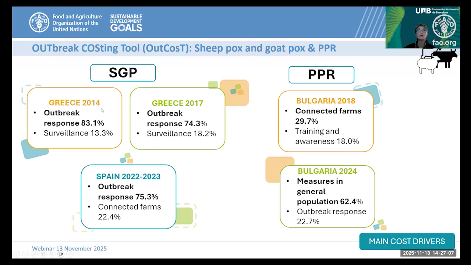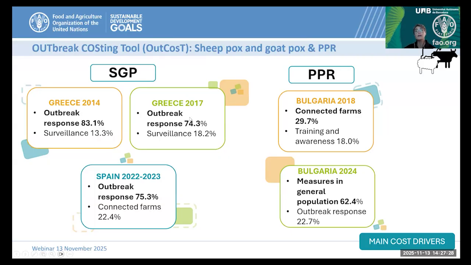In Greece, sheep pox and goat pox caused more than 250 outbreaks in the 2013-2014 epidemic, and 83% of the total cost was dedicated to outbreak management.